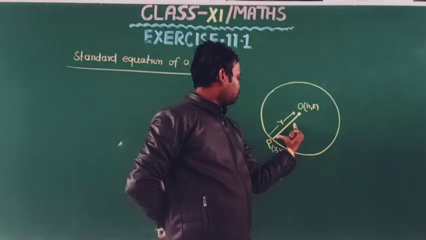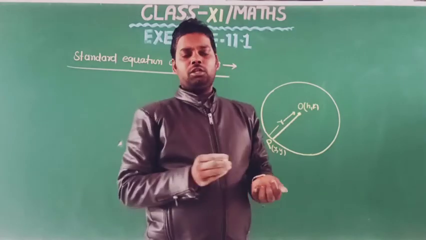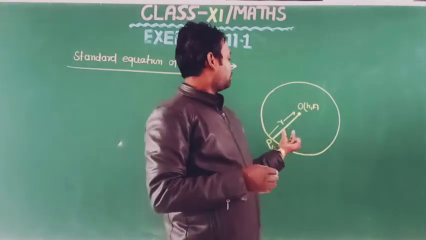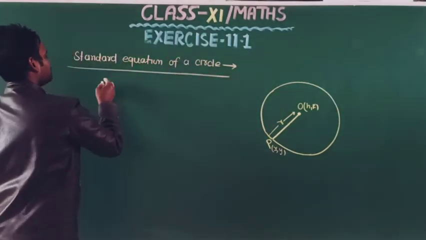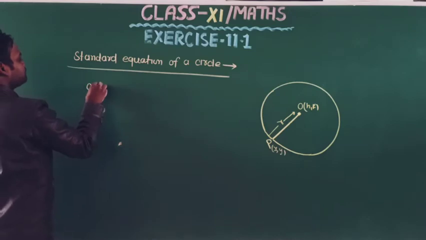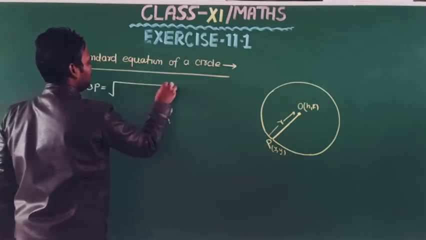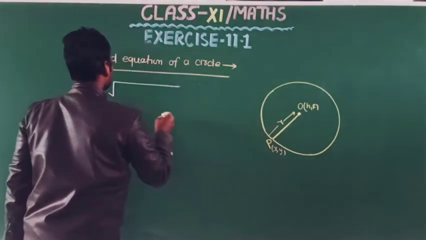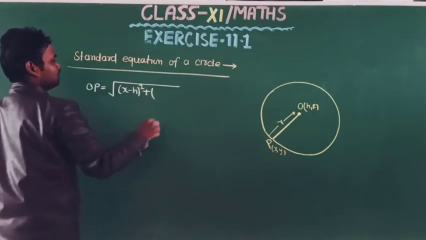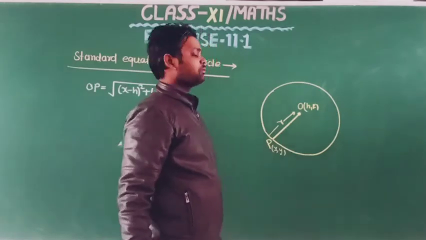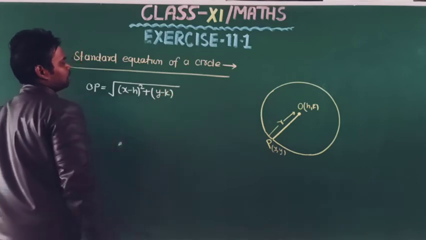We know how to find the distance between any two points by using the distance formula. So first we will find the distance OP using the distance formula. OP equals the square root of x minus h whole square plus y minus k whole square.